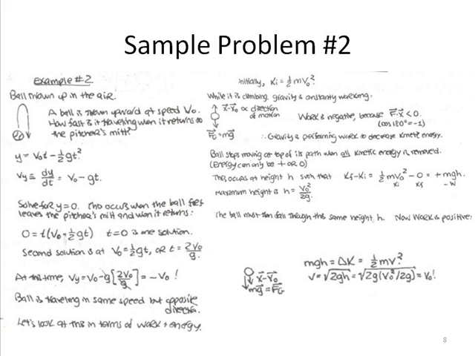Now we've actually lost a minus sign, because when we square a value, we lose any information about whether it's positive or negative. So taking the square root, we should actually say that v equals plus or minus v0. The plus value would occur at the time t equals 0 when the ball is first thrown up. The minus will occur when it returns.